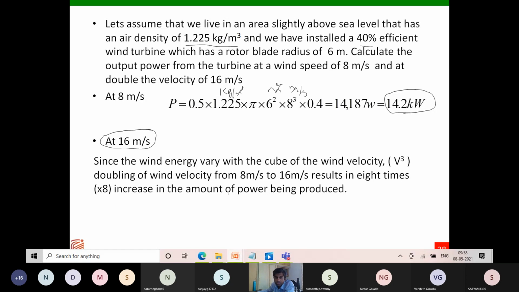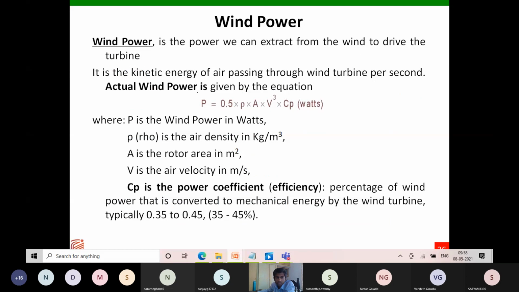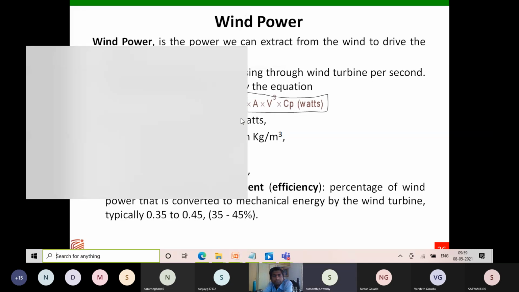The equation is, this is the equation. I want you guys to note down this equation. Have you noted down this equation? Are you hearing my voice, guys? Yes, sir.